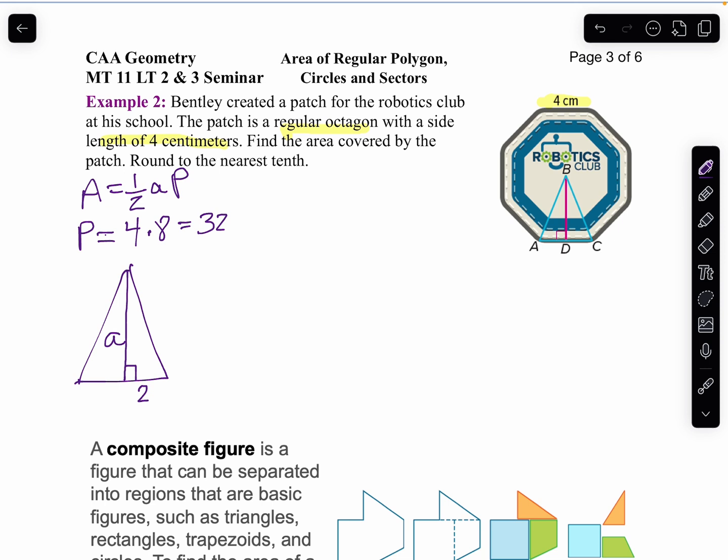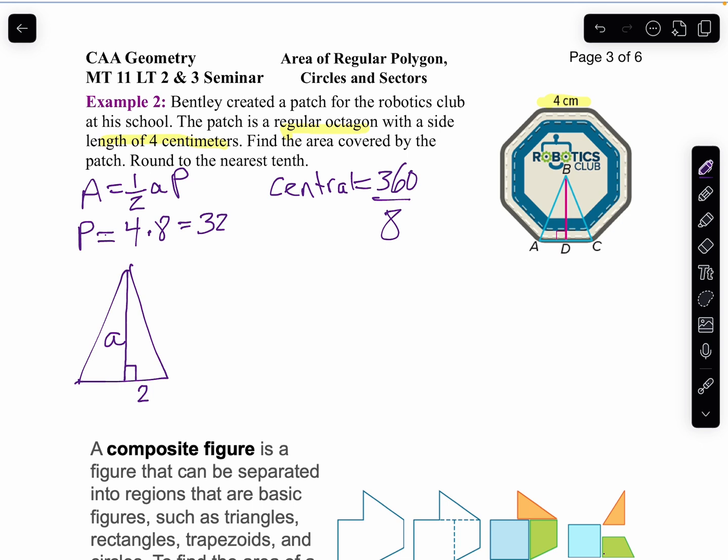Well, first off, I know that it's an octagon. So my central angle is going to be 360 divided by 8, because there are 8 sides on my polygon.